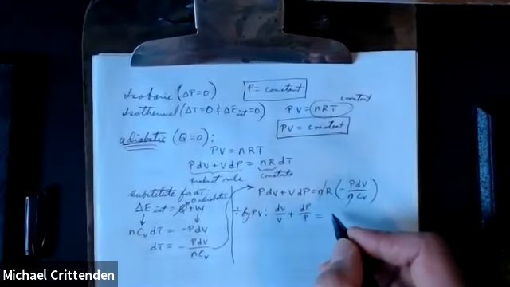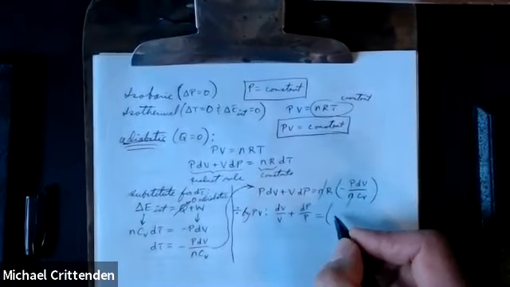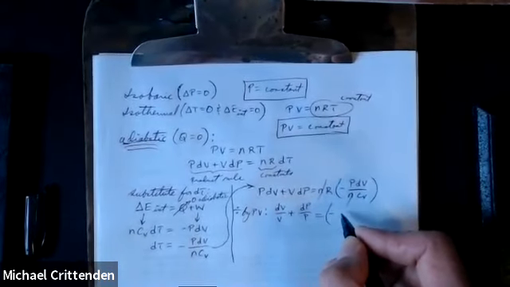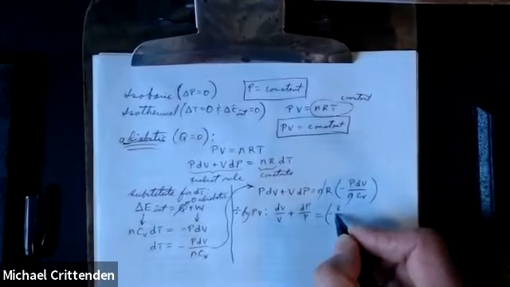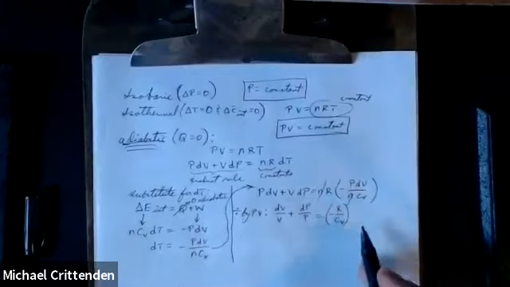And it's always kind of convenient and neat and tidy to throw all the constants together in one little lump. So the R and the CV and the minus sign.